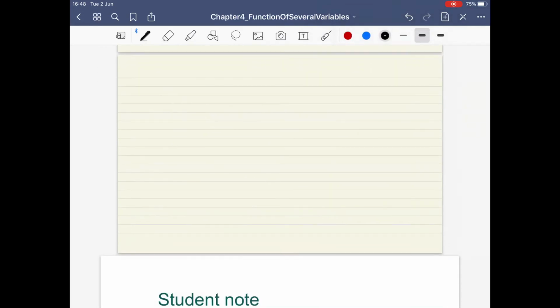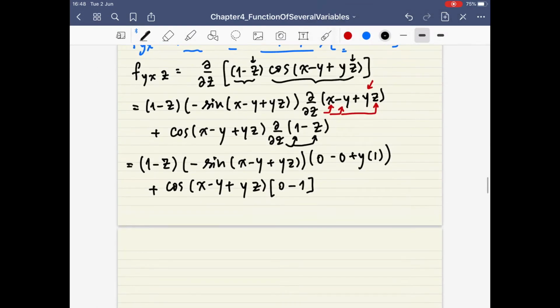Okay. So finally, if you simplify it a bit, the derivative of f with respect to y, x, and then z becomes what?